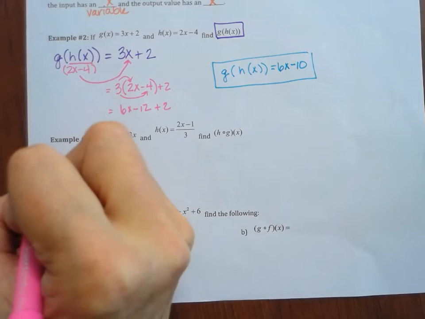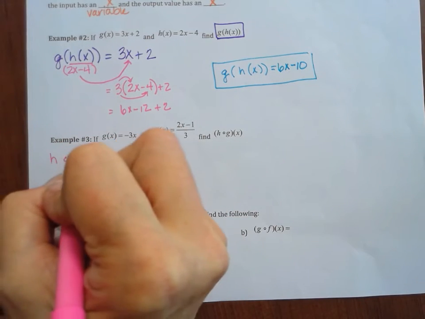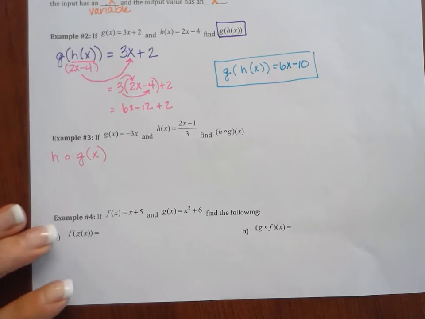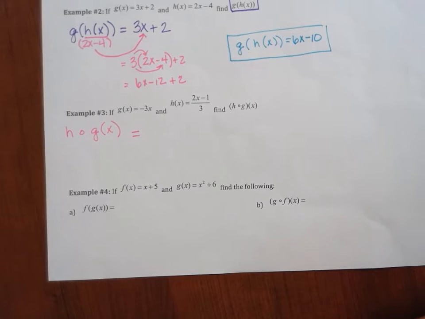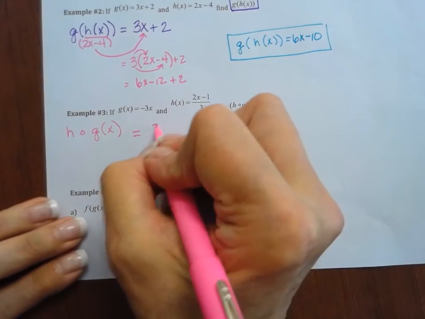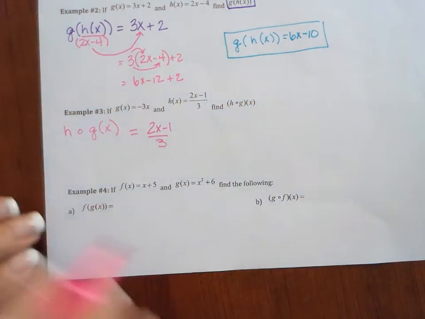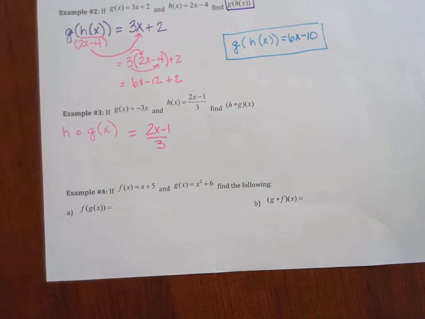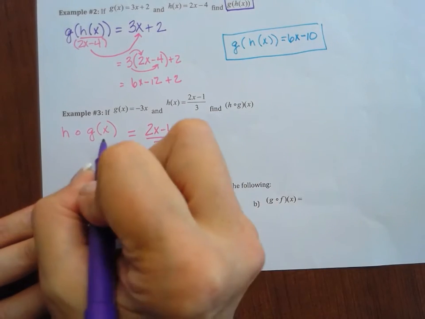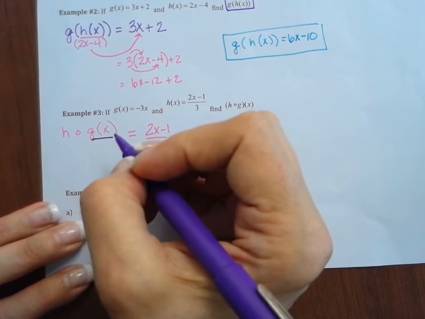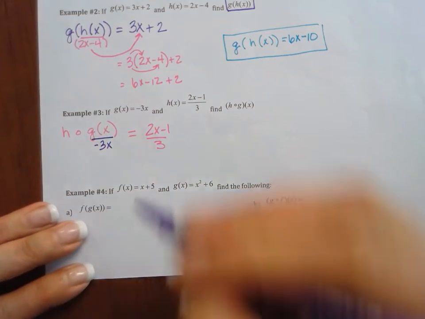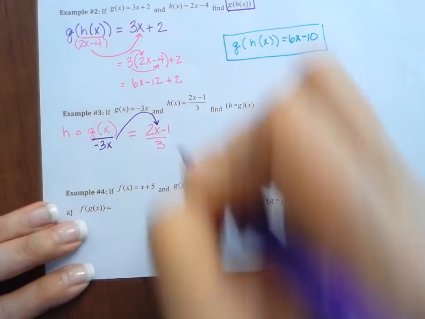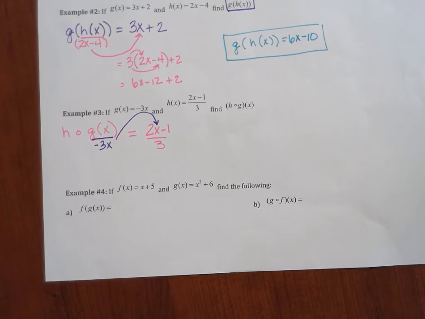we're going to find the h of g of x. So my outside function's which one? What was that? 2x minus 1. Love it, thank you. 2x minus 1 over 3. What's my g of x? What is it? The g of x is negative 3x. And so I'm going to substitute or replace my x with that.